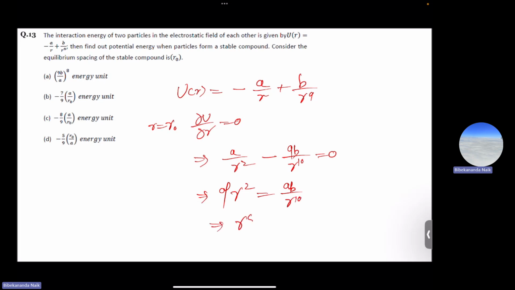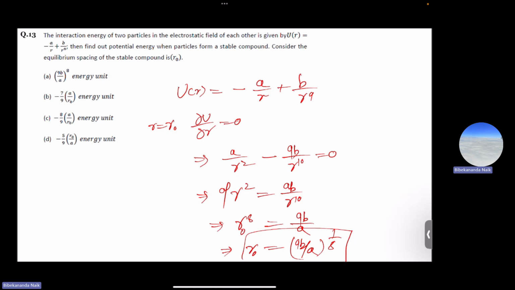That implies R0 to the power 8 equals 9B by A, or R0 equals (9B by A) to the power 1 by 8. So this is the value of the equilibrium distance.